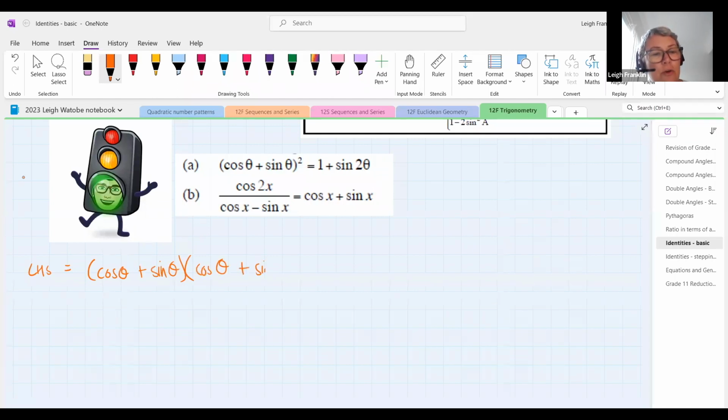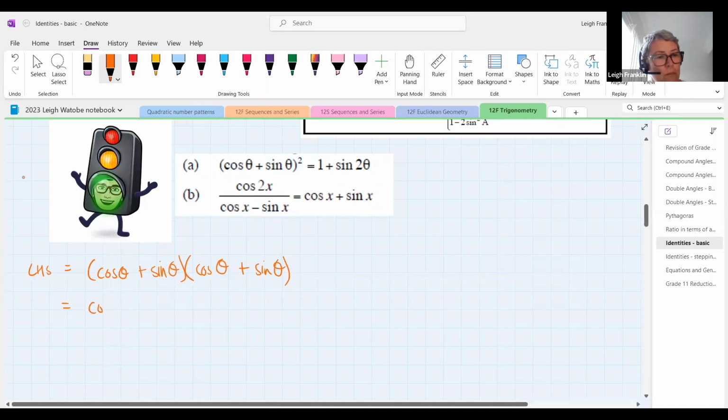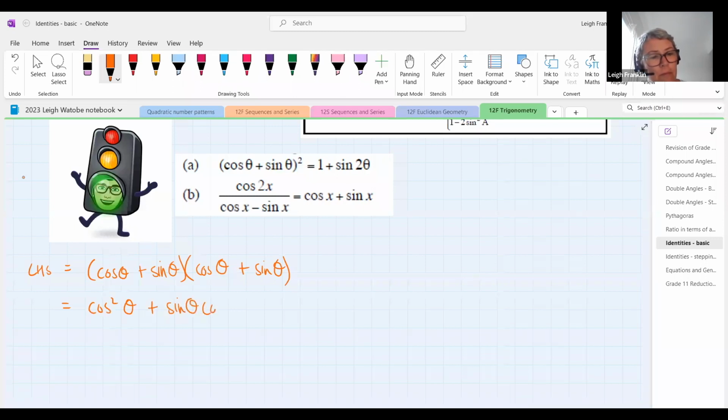Okay, cool. Then keep going. And then I said cos theta times cos theta is cos squared theta, plus sine theta cos theta, plus sine theta cos theta, plus sine squared theta.